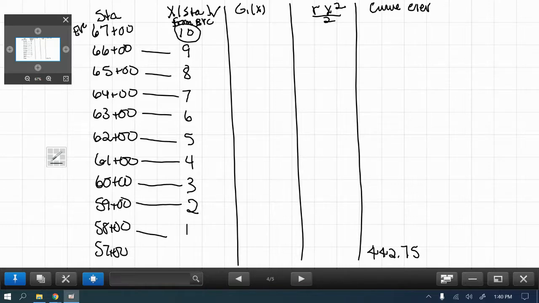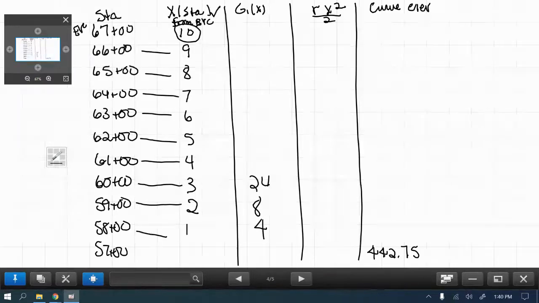G1 times X is my next column. My G1 for the problem is 4. So this one's going to be an easy one. So 1 times 4 is 4. 2 times 4 is 8. 3 times 4 is, oh, 12, duh.